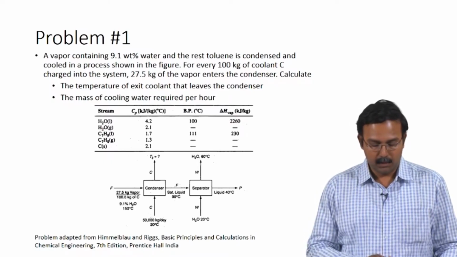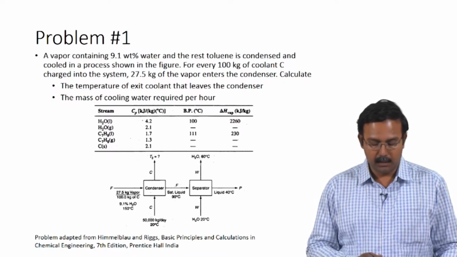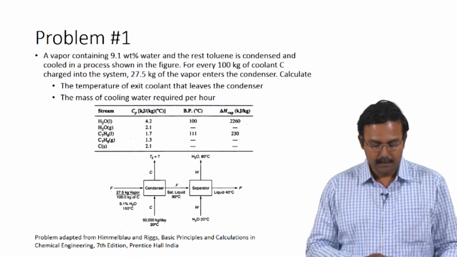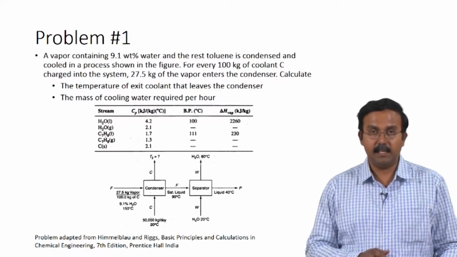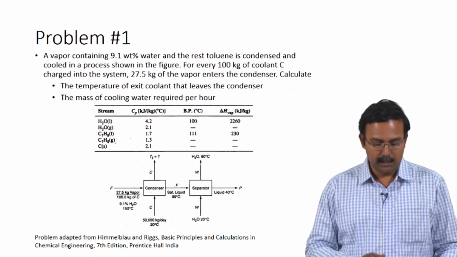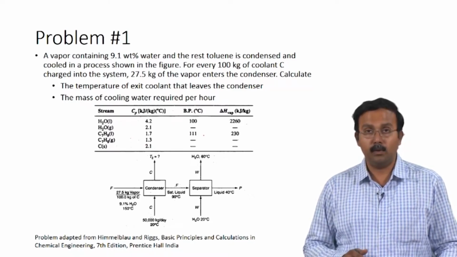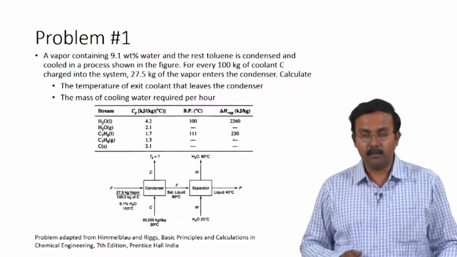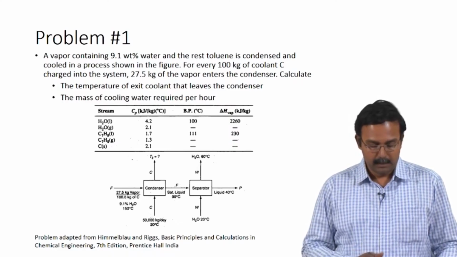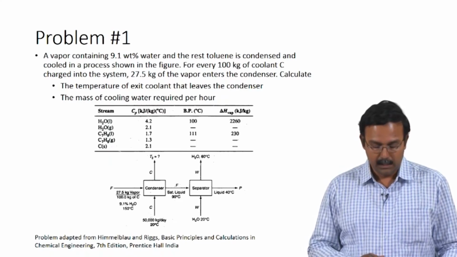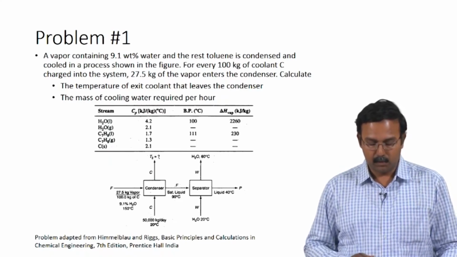You have water vapor where the Cp is given as 2.1 kilojoules per kilogram degree Celsius, and C7H8 is toluene. For toluene liquid and gas you have the Cp values given, and for the toluene liquid you also have the boiling point and the heat of vaporization. C is the coolant which is being used in the first unit, which is the condenser. So, the Cp for that is also given.